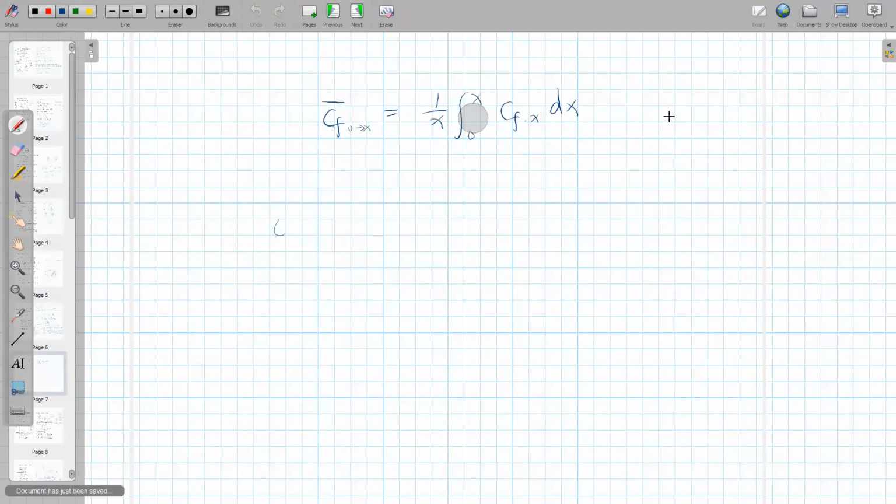This is only valid when your x is much larger than x_cr. Why? Because for this one, we just used the turbulent one. We didn't use the laminar one.